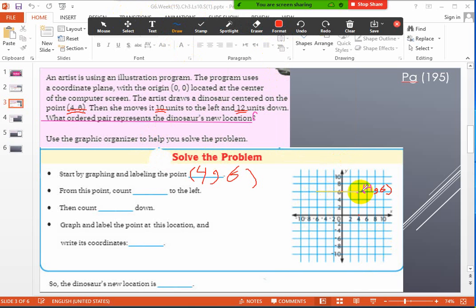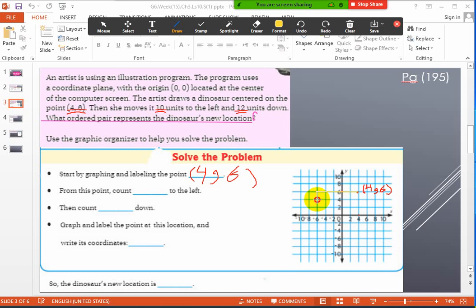Now, what about the units that this point moves down? Okay, Lena. Try again. So now I have to move down 12 units. That means I have to count 12. Each square is 2, girls. Keep it in your mind.